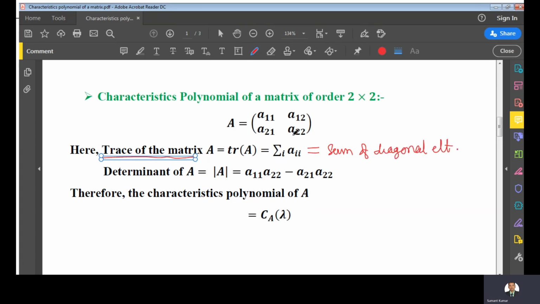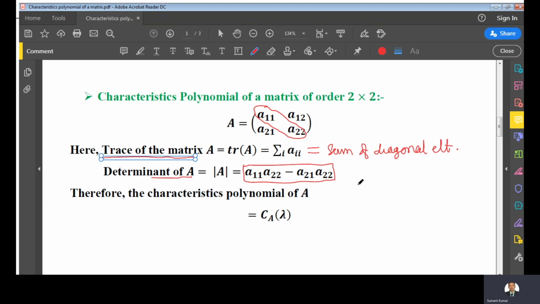When you add these two elements, that gives you the trace. Next you will find the determinant of the matrix, and you can easily find these two.